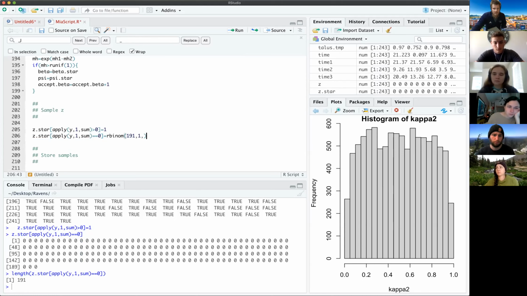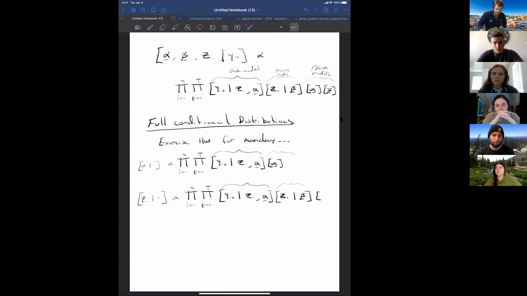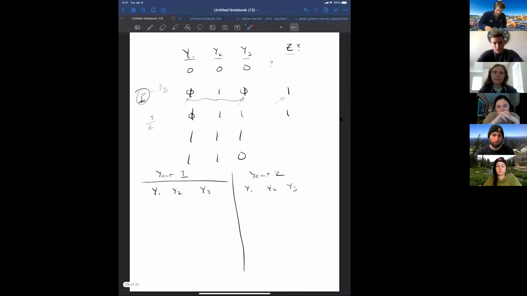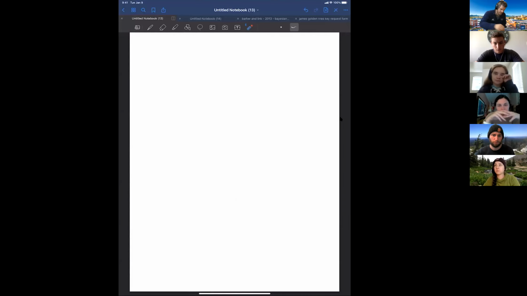So I'm going to go to the whiteboard and talk about this parameter here. So what we're doing is sampling our Z's when y1 equals 0, y2 equals 0, and y3 equals 0.